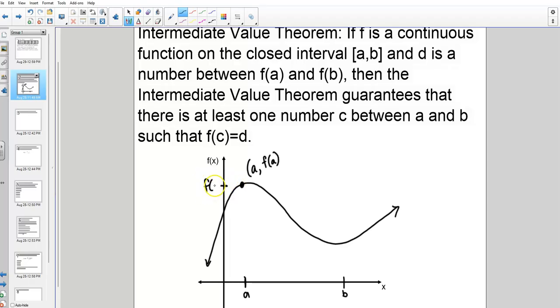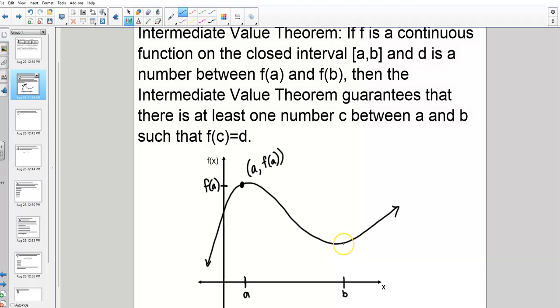That's f of a. Because whenever I'm evaluating a function, if I plug in that value, then the function spits out the y value. So f of whatever your x value is gives you the y value there.